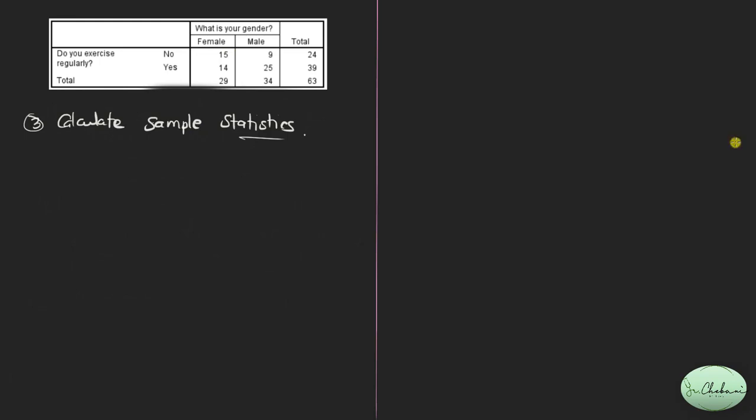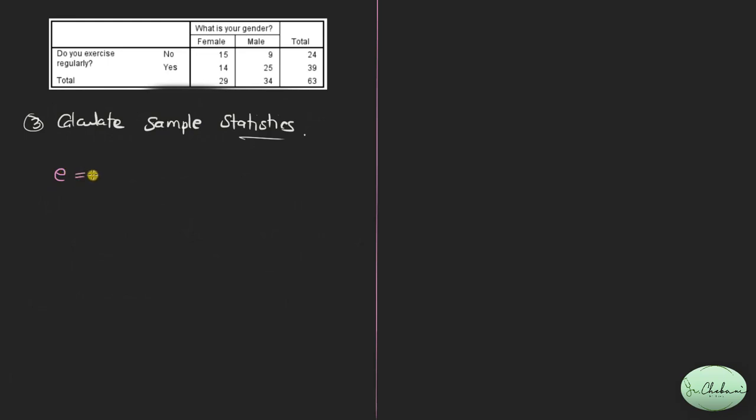So assuming that the null hypothesis is true, and indeed there is no association between gender and exercise, what kind of table would we expect to get? The way we do that is with a formula that comes directly from the multiplication rule for independent events.